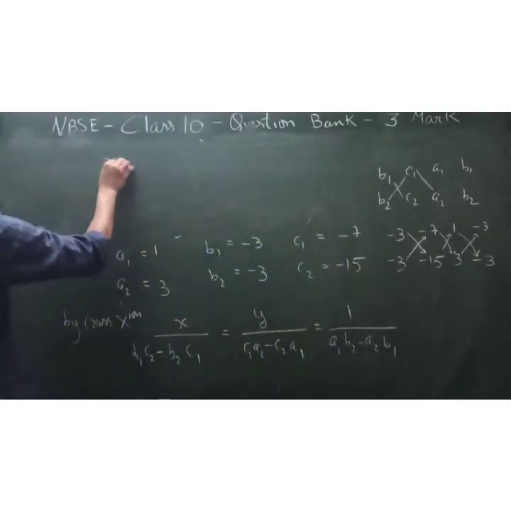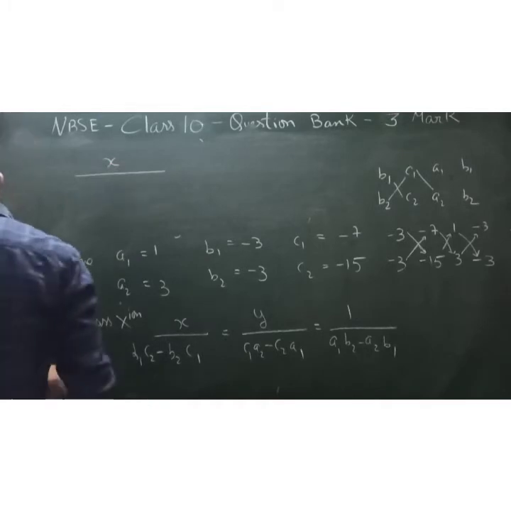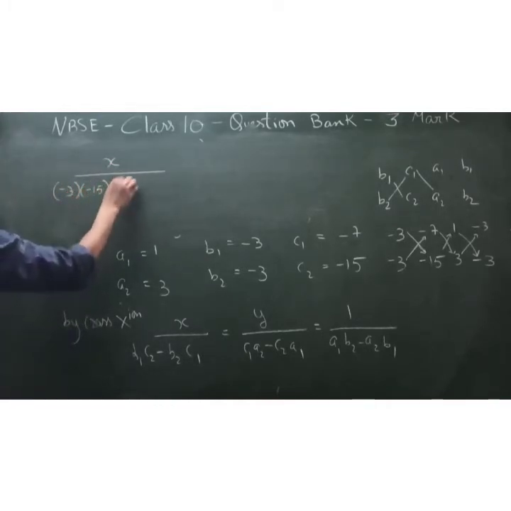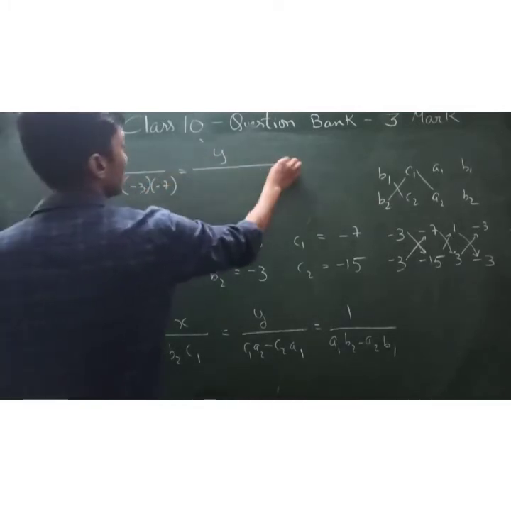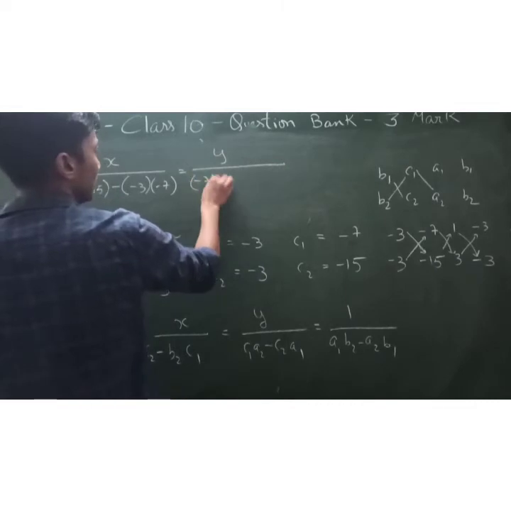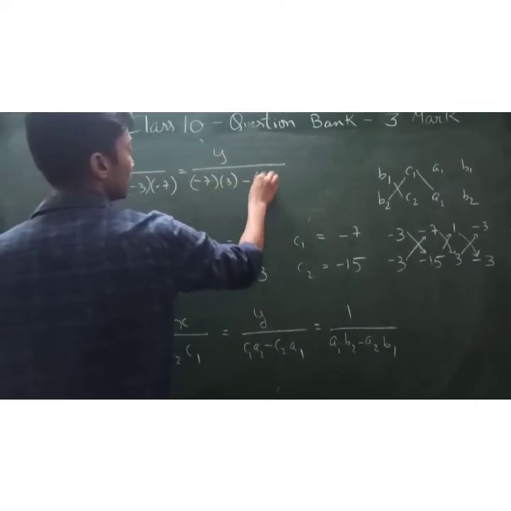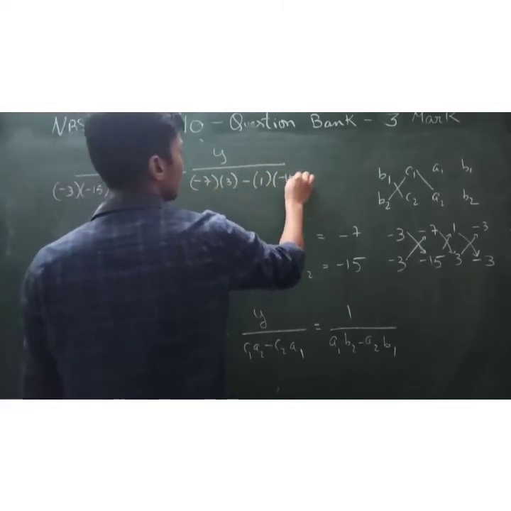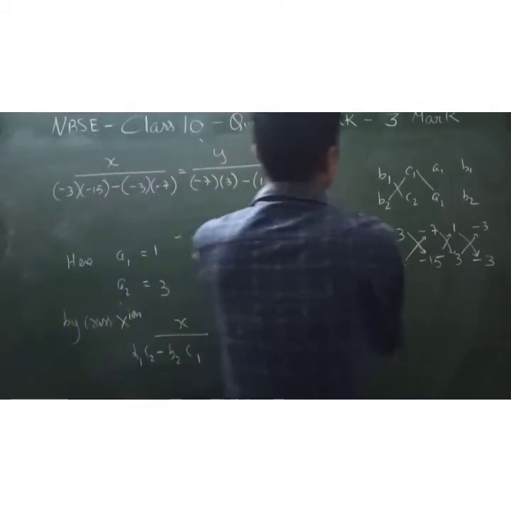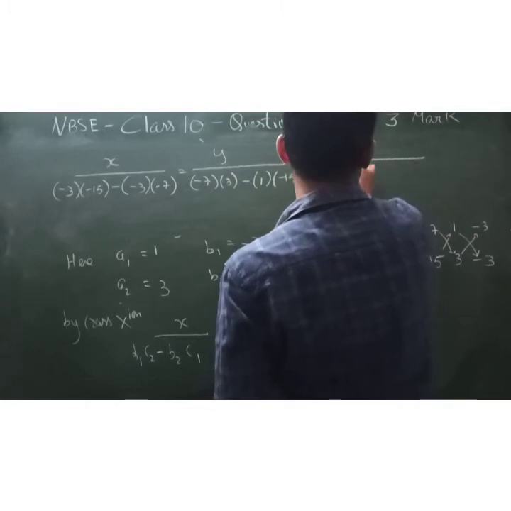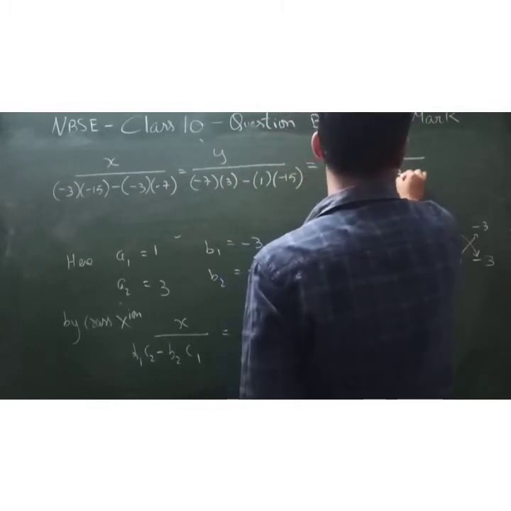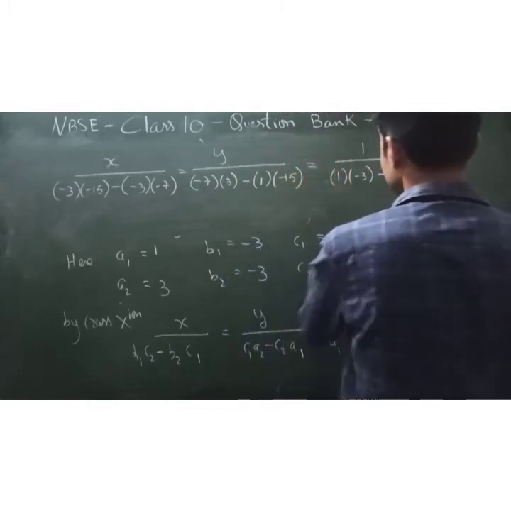So that's going to be x equal to minus 3 minus 15 minus 3 minus 7, y by minus 7 3 minus 1 15 equal to 1 by 1 into minus 3 into minus 3.